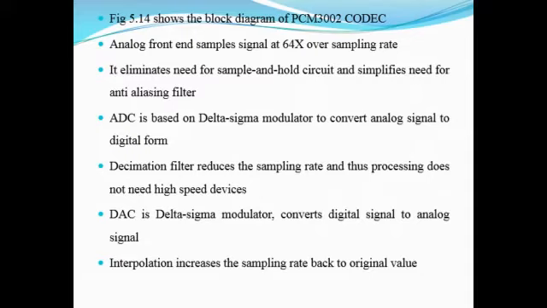The main idea of reducing the sampling rate is that the processing does not require any high speed devices, because whenever we go with high speed devices, again the cost of implementation is more, and the complexity of those devices or circuits is going to be more complicated.